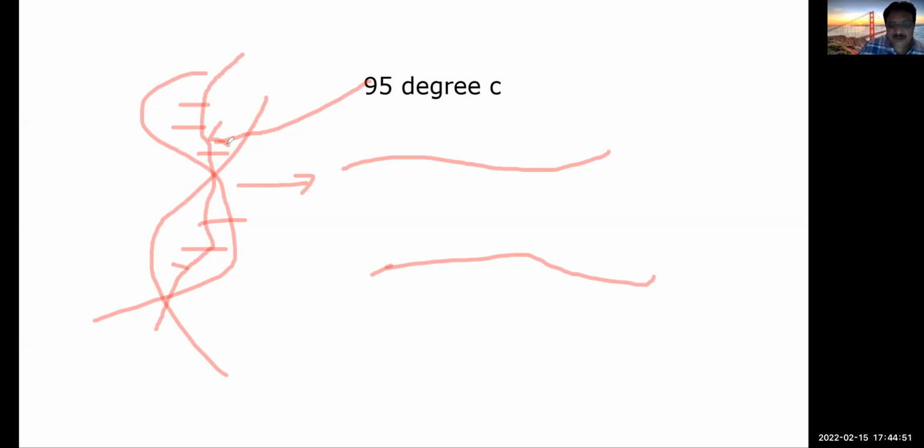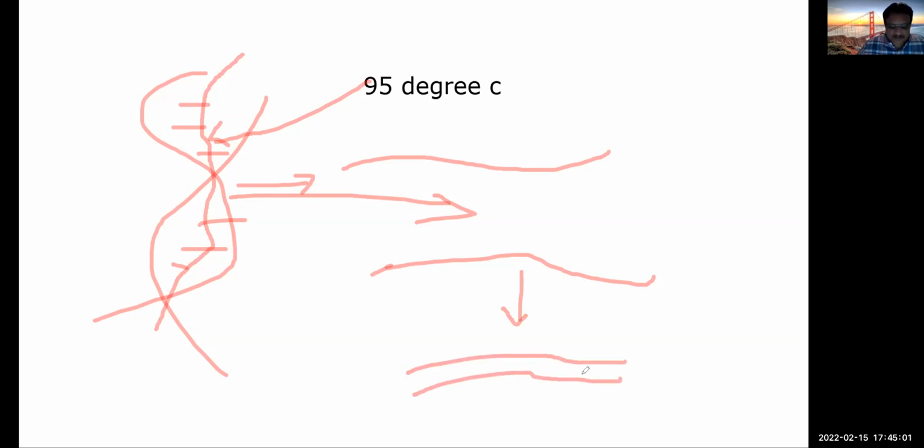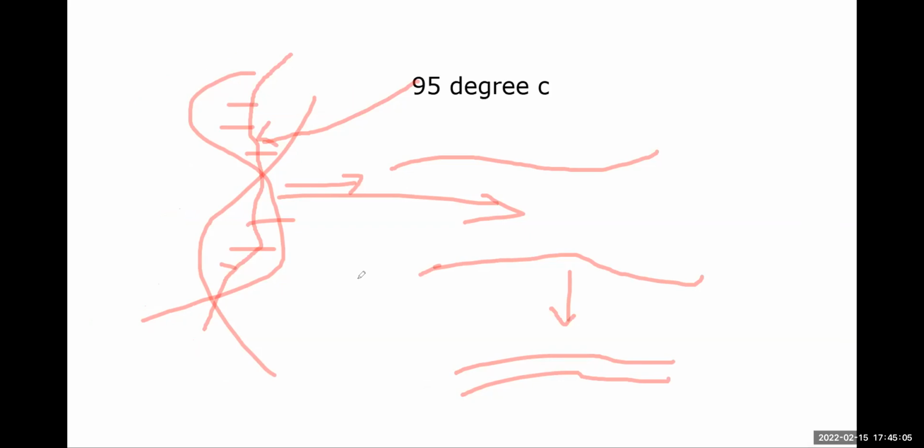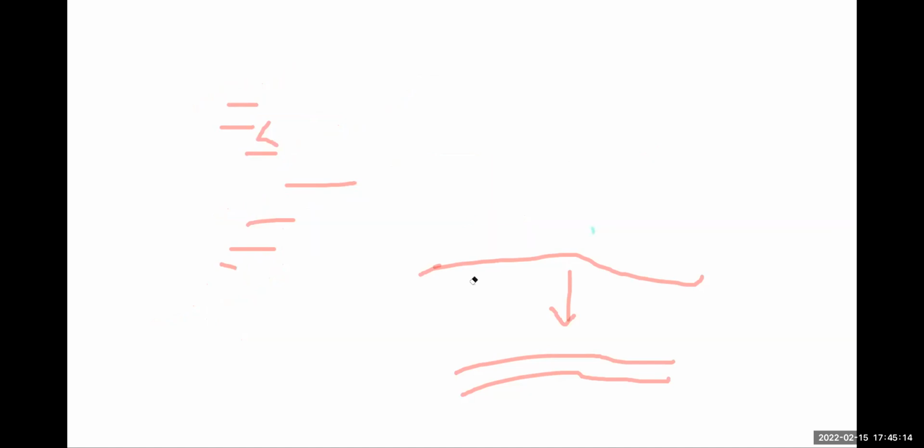But the beauty of DNA is that when you raise the temperature, the DNA will separate, and when you lower the temperature, DNA will come back to its native structure. That's the beauty of DNA. So keep that in mind.